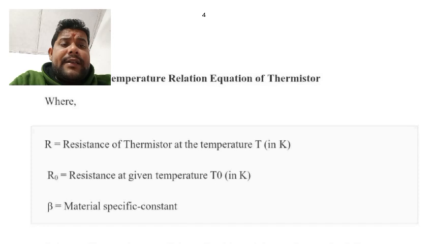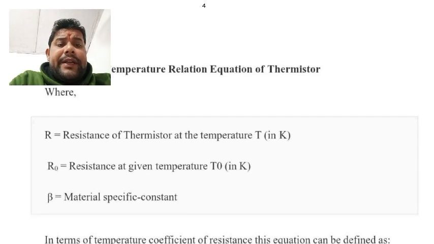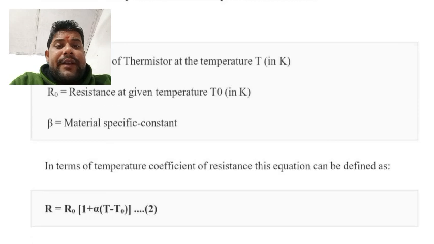R0 is the resistance at the given temperature T0 in Kelvin. Beta is a material-specific constant.